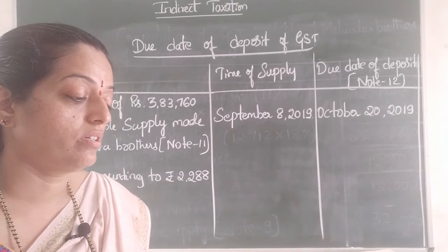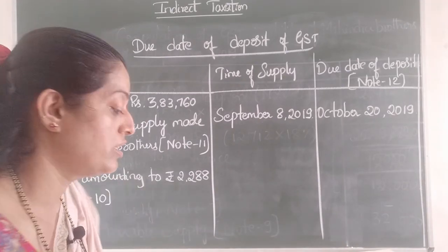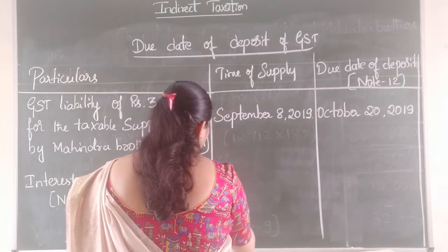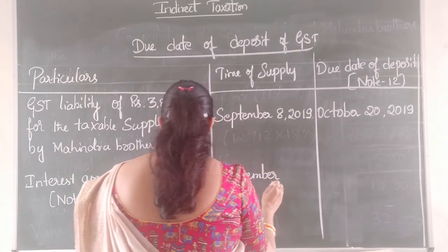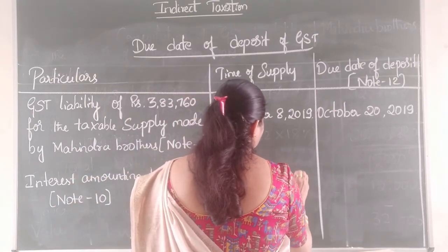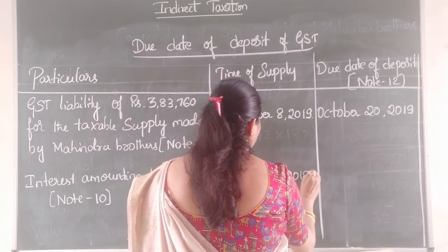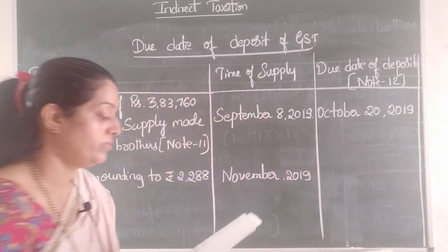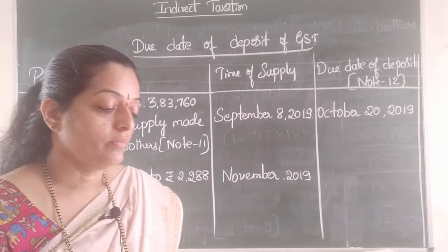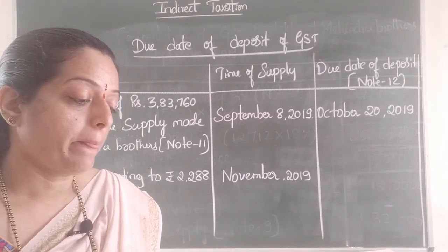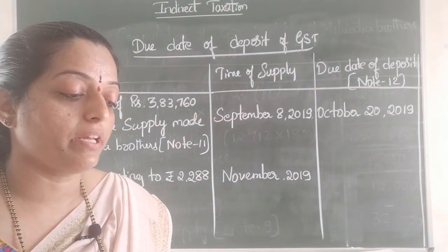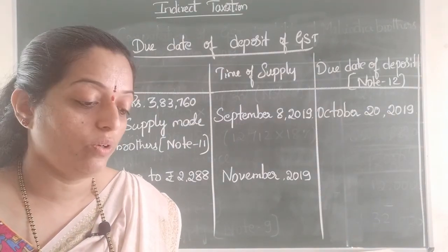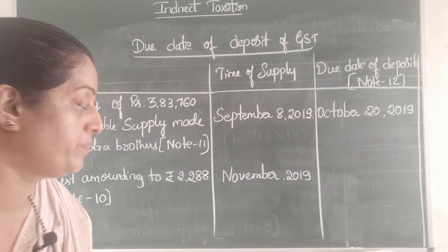So, they have received the interest in the month of November. So, November 2019 is considered as the time of supply. That means for interest for the delayed payment, the date on which the supplier receives such addition in the value, that date we should consider.